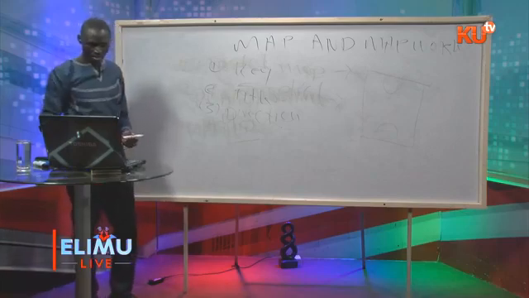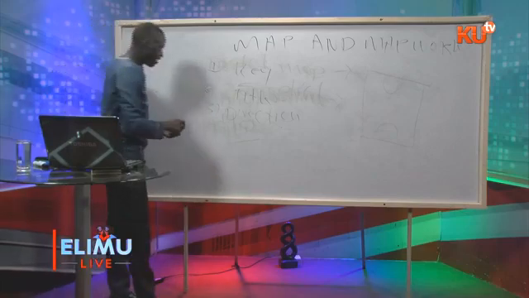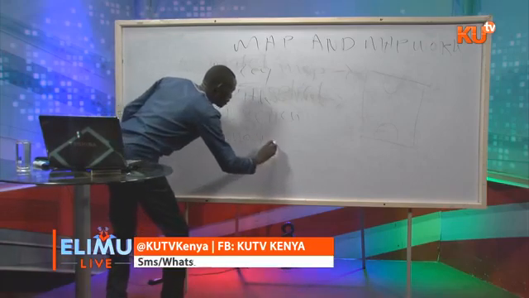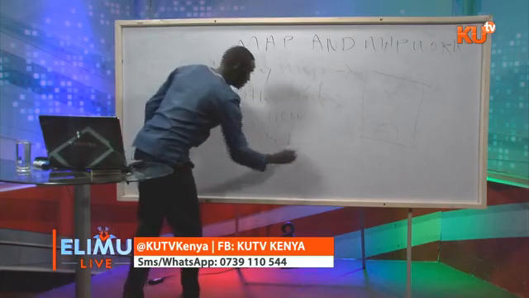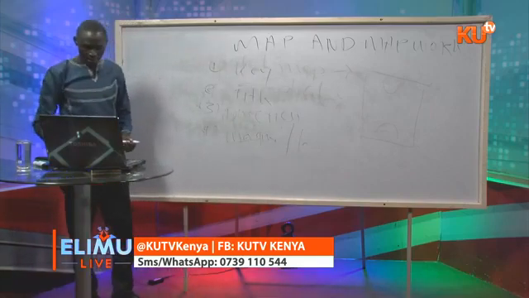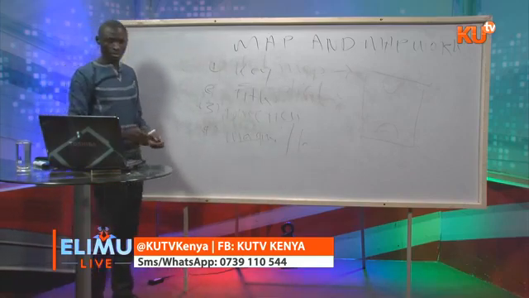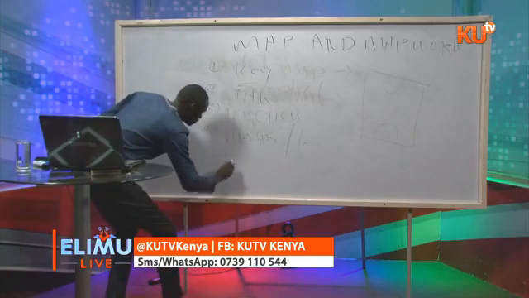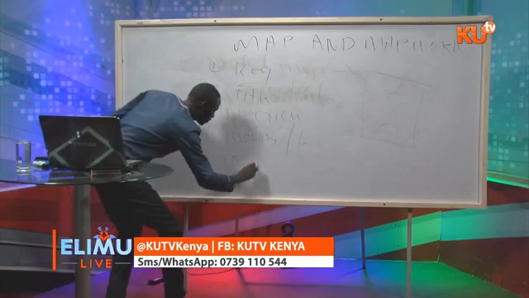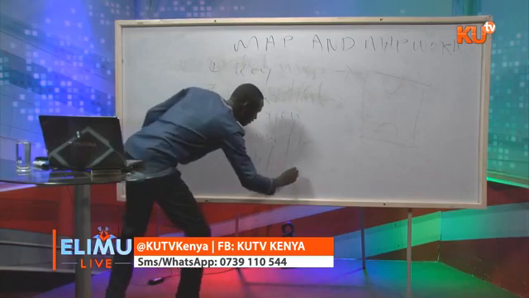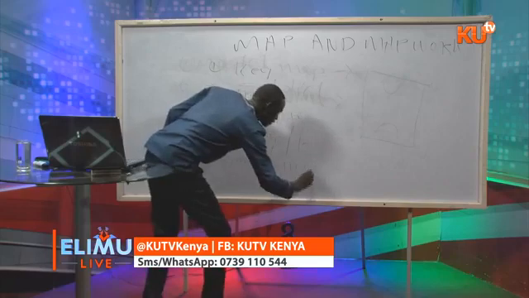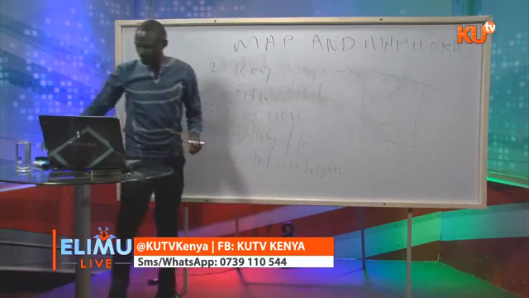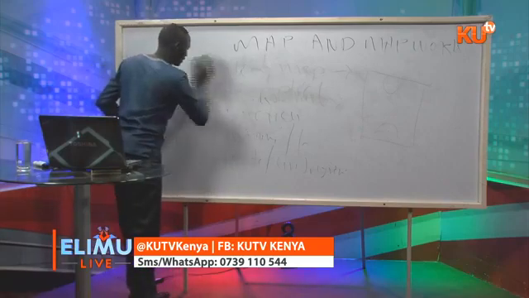Then we also have number four, margin, or sometimes we call it boundary. Then we also have what we call latitudes or grid references.